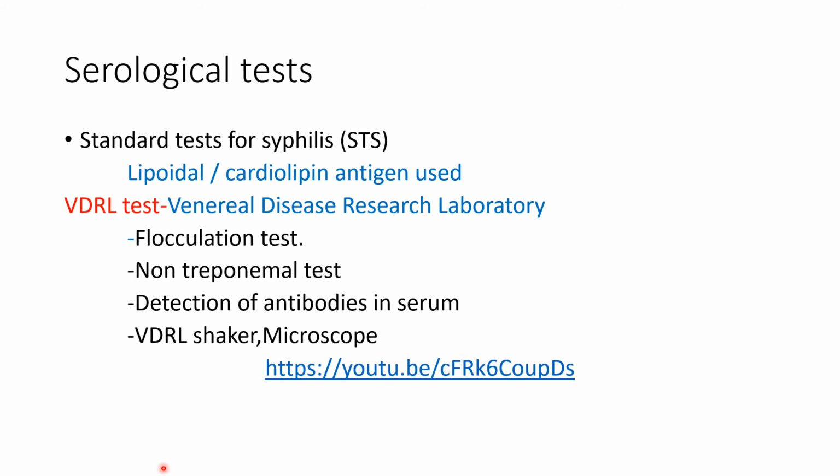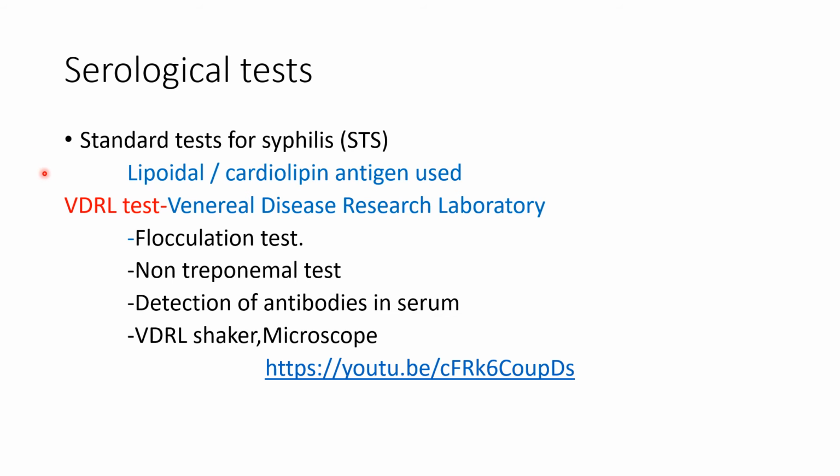For diagnosis, the most common technique that is used is serological test, where we will take the blood from the patient and we go for the identification of antigen or antibodies. In this case, we are going to detect the antibodies that are present in the serum.